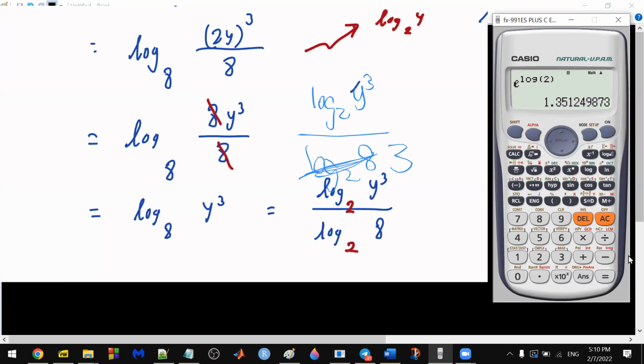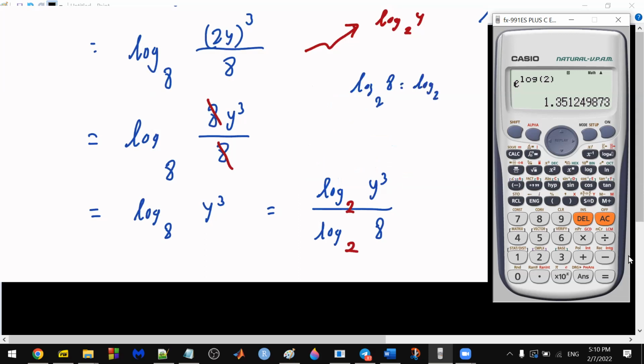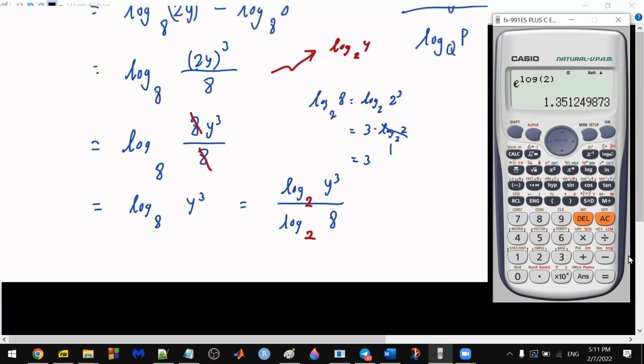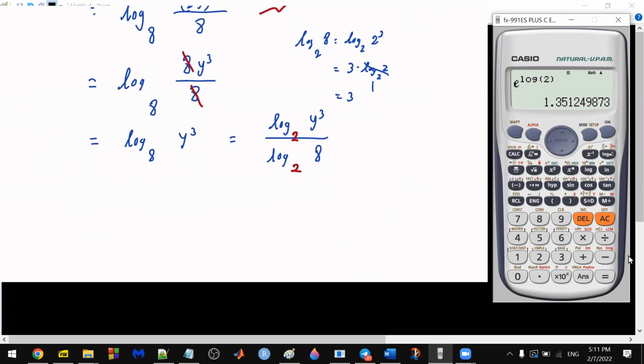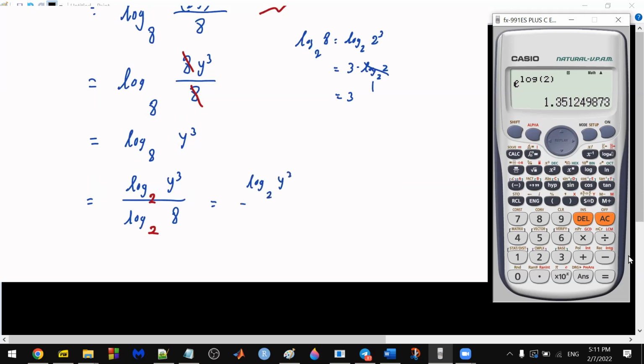Then log 8 base 2 is really just log 2 cubed base 2. Bring down the power. You get log 2 base 2 times 3. This is a 1, so it becomes a 3. So if I simplify it down, it's just logarithm of y cubed base 2 over 3.